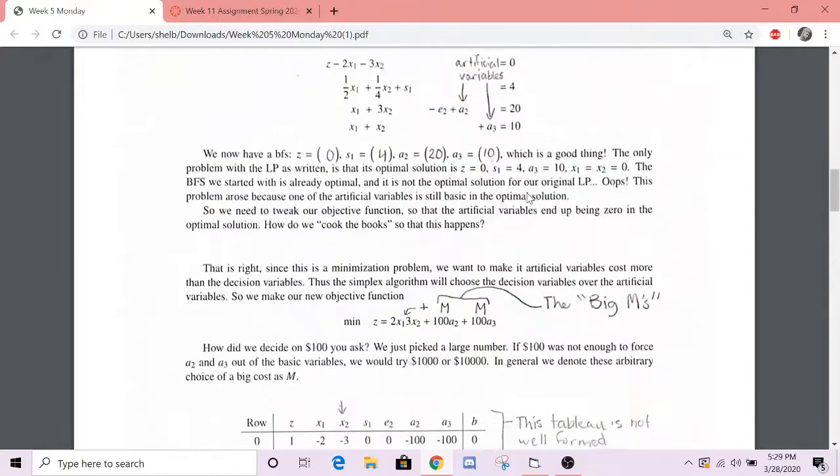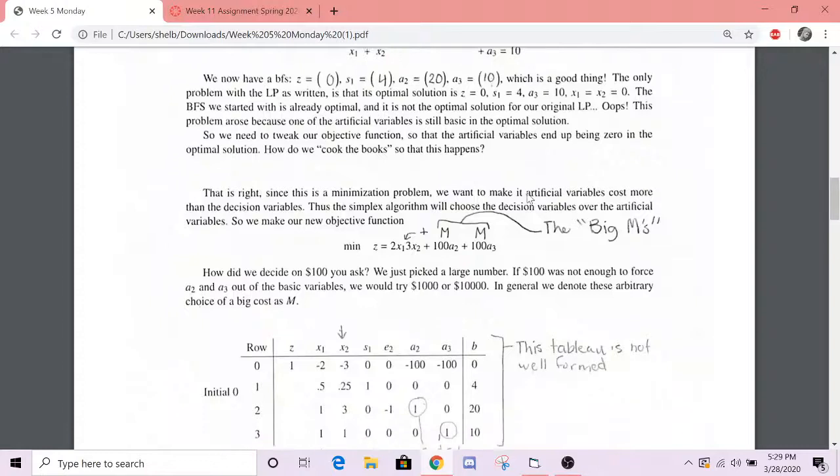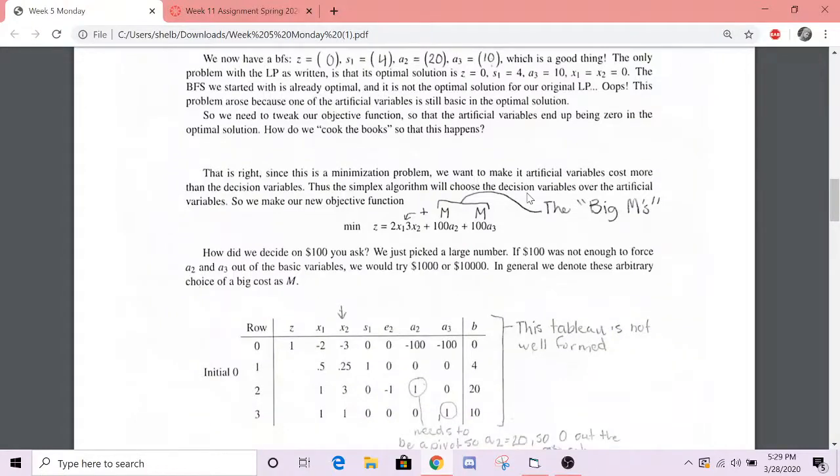So how should we go about changing that so that the table is optimal, or rectified? Since this is a minimization problem, we want to make the artificial variables cost more than the decision variables.